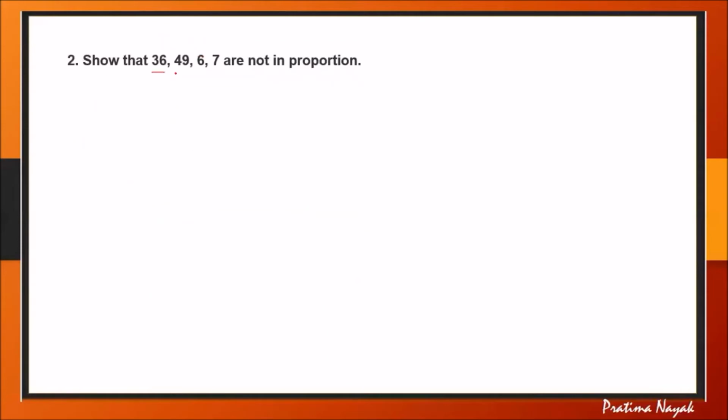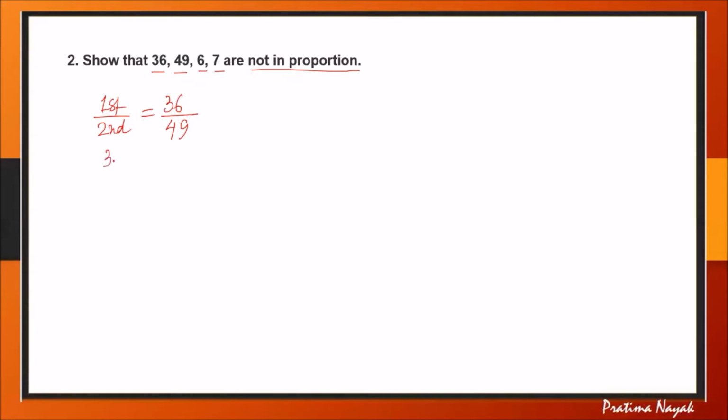Question number 2. Show that 36, 49, 6, 7 are not in proportion. It is already given that it is not in proportion. So the ratio of first to second is 36 to 49. Is there any common divisor of 36 and 49? No. There is no such number by which both are divisible.